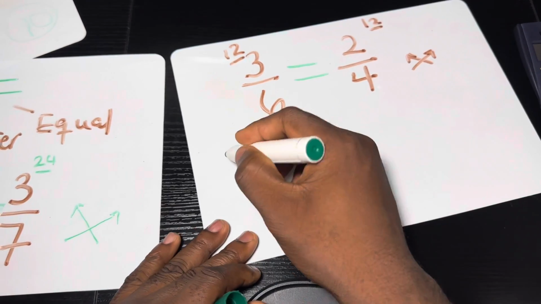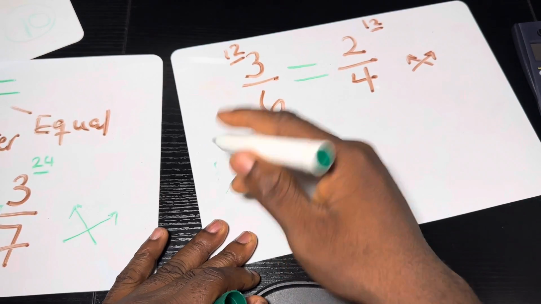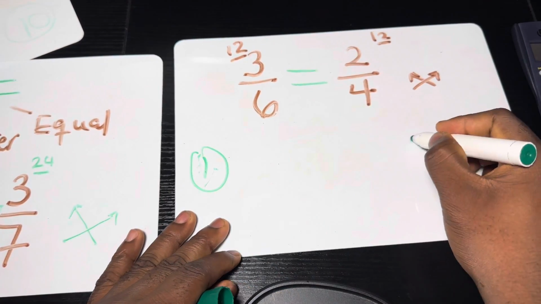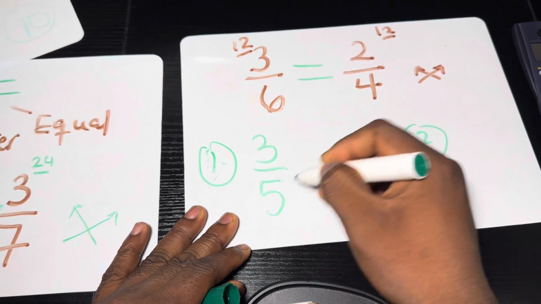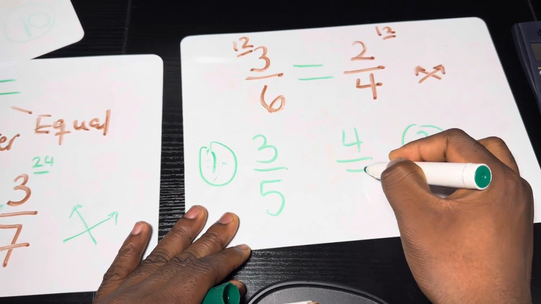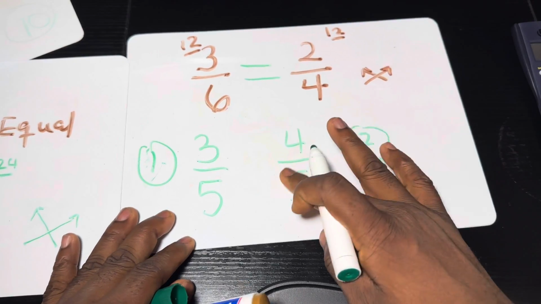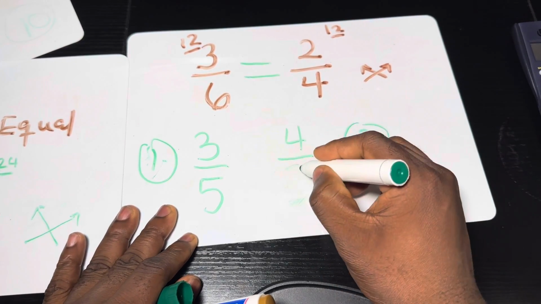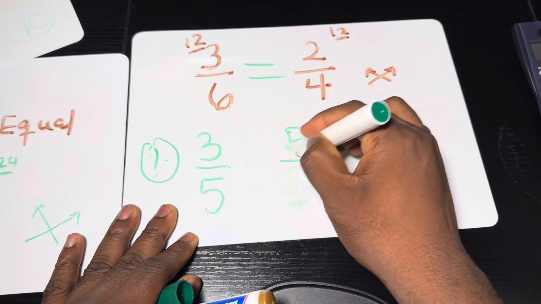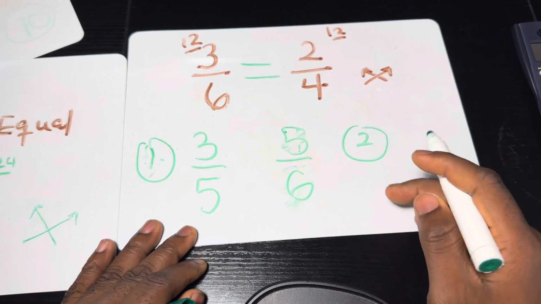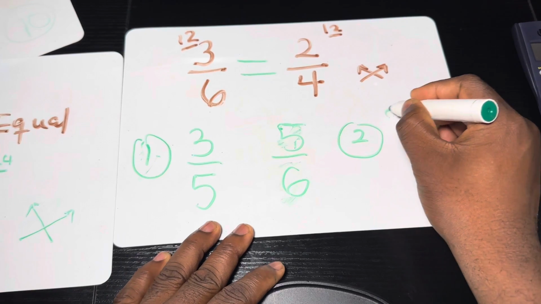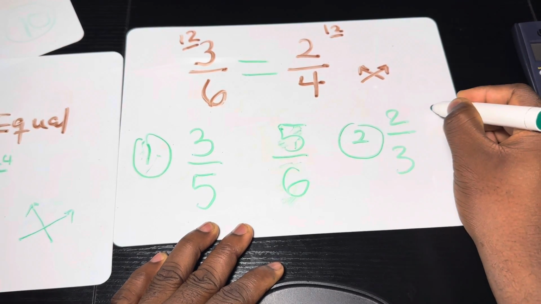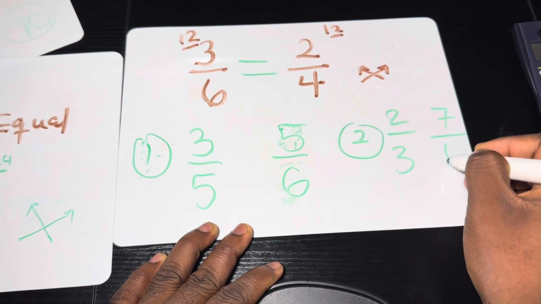All right, now try these two examples on your own using the same signs. 3 over 5 and 4 over 5. And then we can have 2 over 3 and 7 over 11.